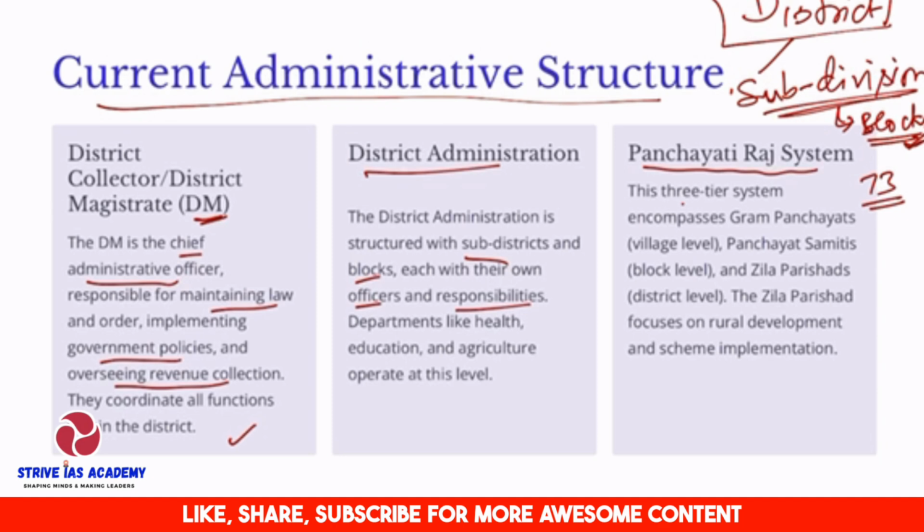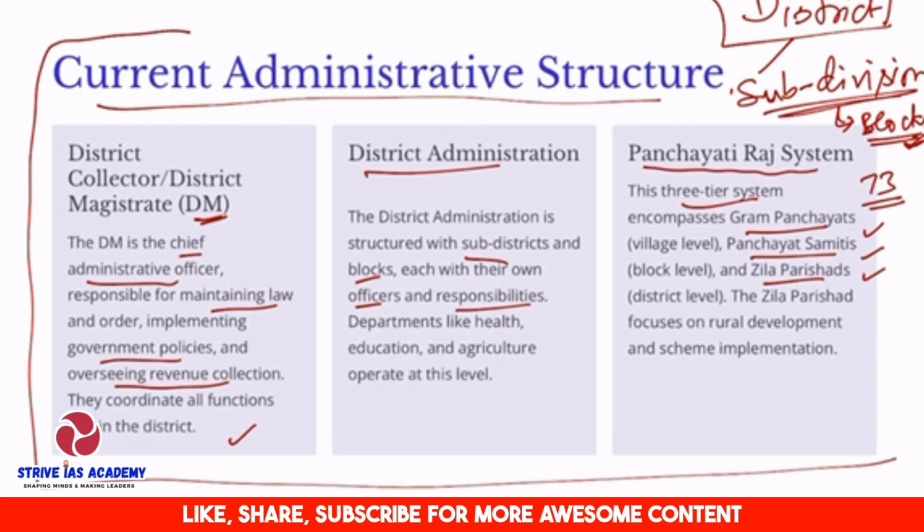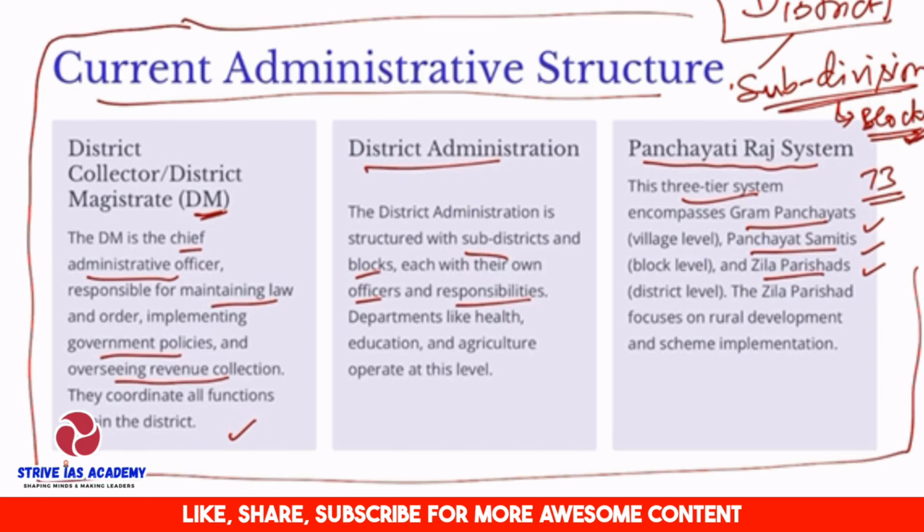It is a three-level system with Gram Panchayat, Panchayat Samitis, and Zila Panchayat, at the village level, the block level, and the district level. So this is the current administrative structure in every district all over India.